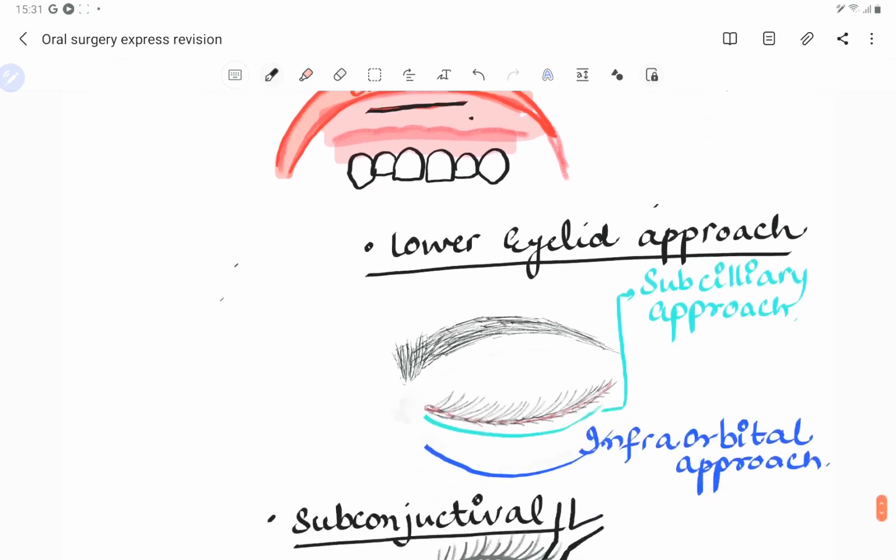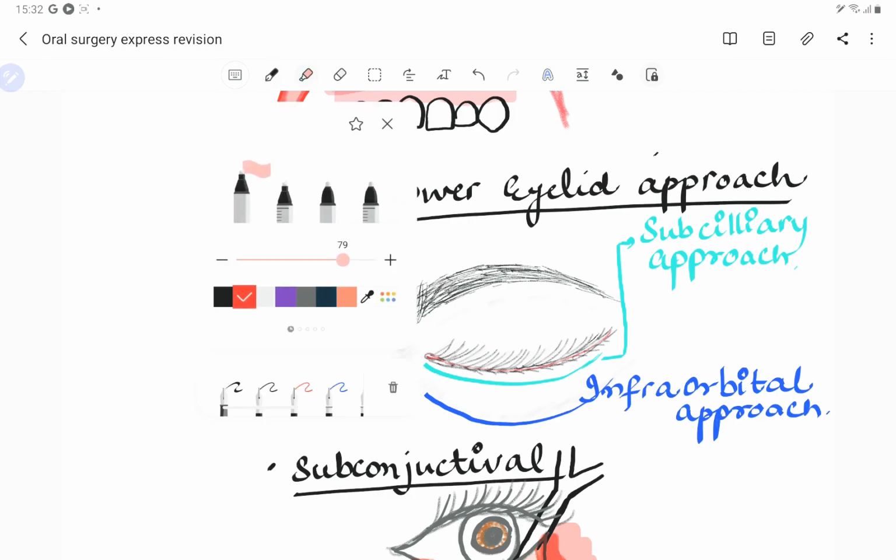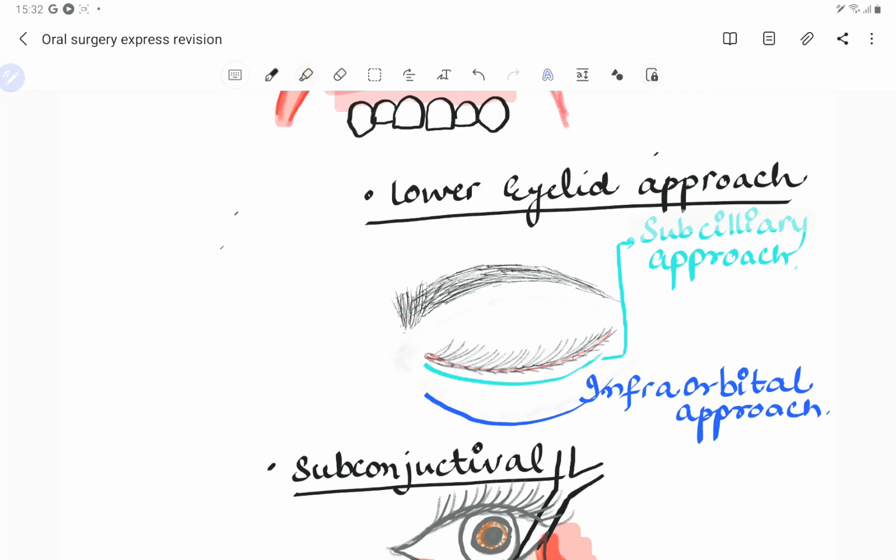If we are going extraorally, then we go for the lower eyelid approach, which is the subciliary approach, which is the best approach, guys, and less complicated.